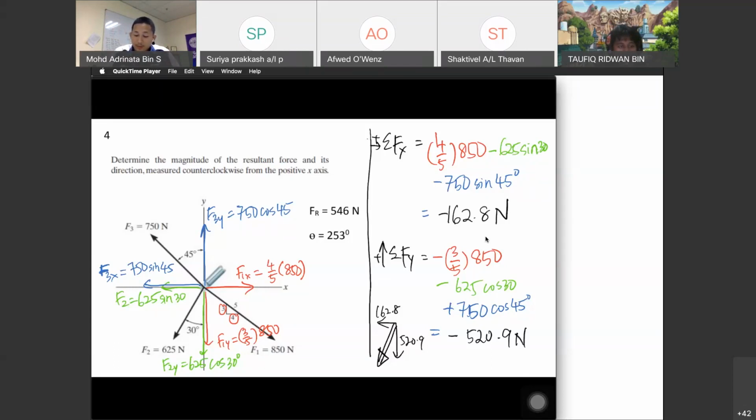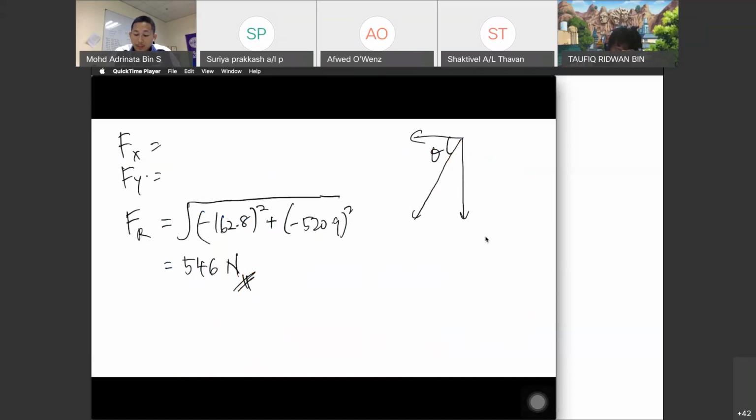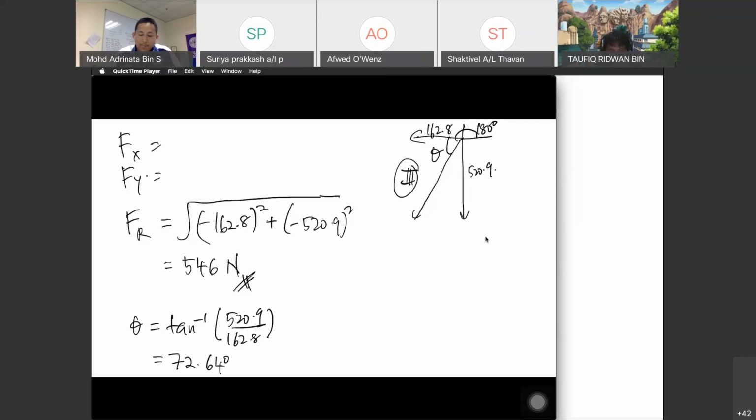So then we need to calculate. This one is 162.8, 520.9, and this is the third quadrant. When it is in the third quadrant, you need to add another 180 degrees to your theta. You find your theta with tangent inverse of 520.9 over 162.8. Then you get theta as 72.64 degrees.